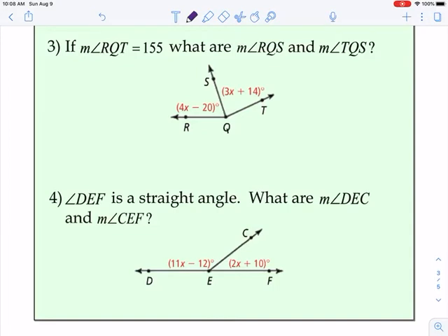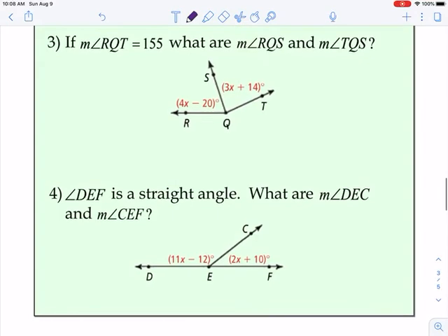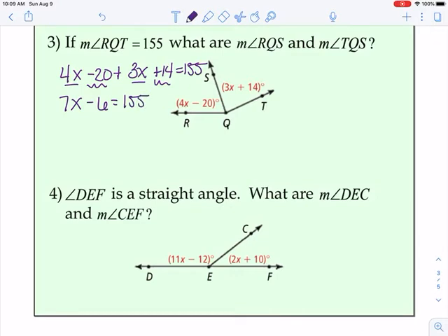So I'll do 4x minus 20 plus 3x plus 14 equals 155. 4x and the 3x are on the same side of the equal sign, so we're just going to combine them. That will give me a 7x. And the negative 20 plus 14 is going to give me a negative 6. And that will equal my 155.